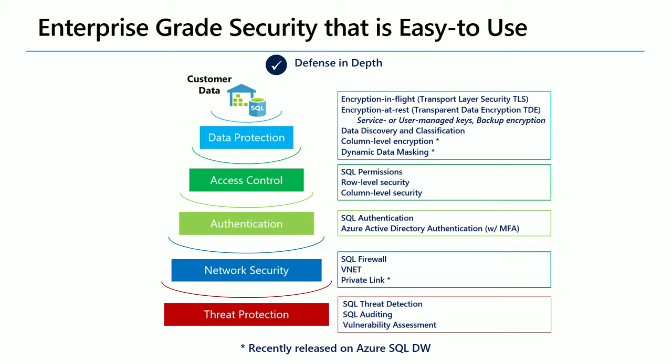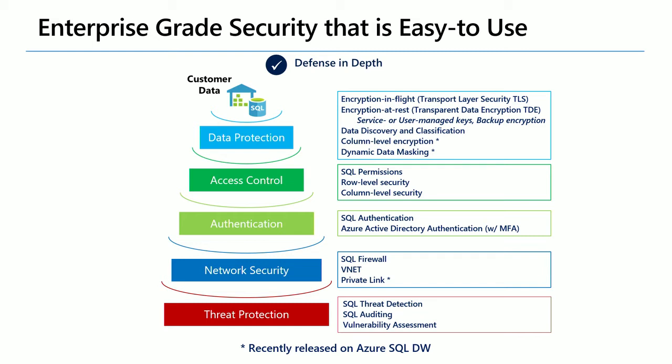So on the top with data protection, here we're talking about different levels of encryption, both in transport, also at rest with transparent data encryption, the ability to use server or user-specified managed keys, data discovery and classification, and then column-level encryption, which we are announcing here at Ignite for private preview. If you want details on that, come see me after. We'll also have further details in our Ignite announcement blog as well.